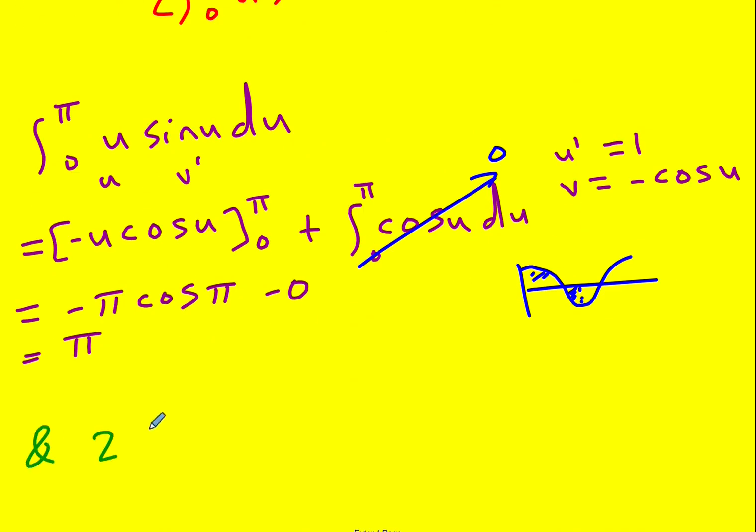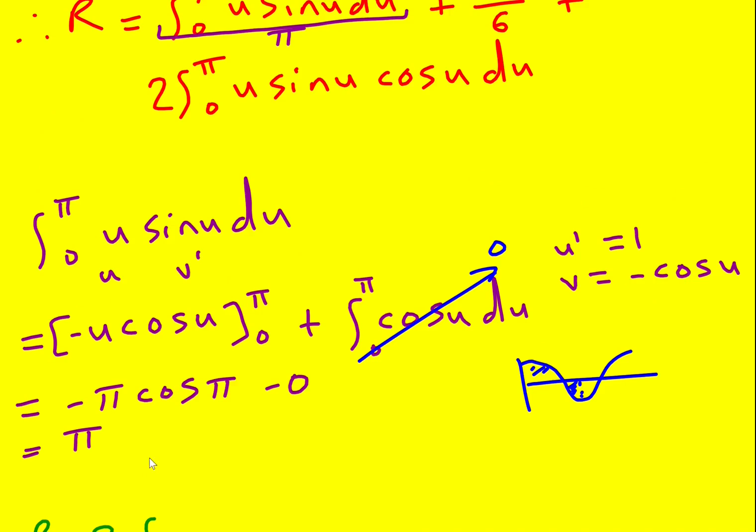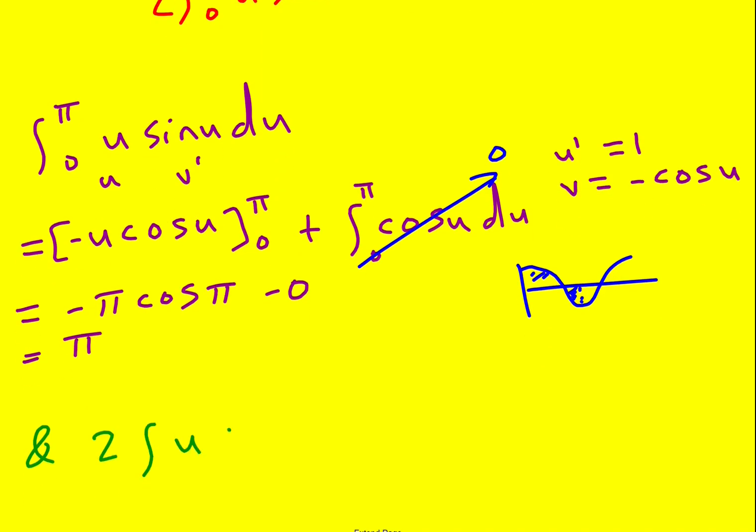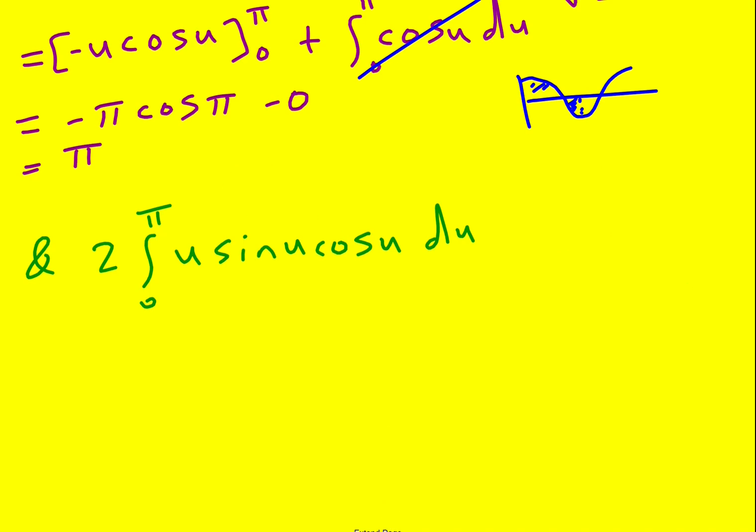And it was two lots of the integral of u sine u cos u between 0 and pi. Now, before we put it in this form, I think it was in part C, actually, there was a better form for it, because we can write it as u sine 2u, which massively simplifies it, because I don't have three things multiplied together, just two.